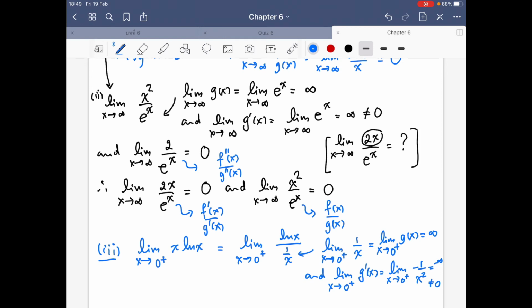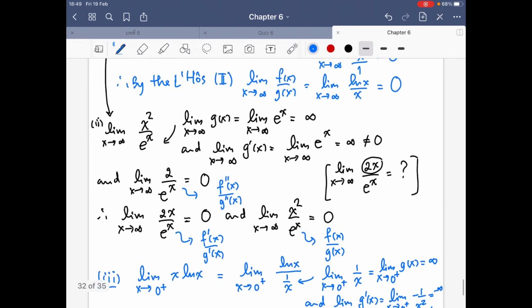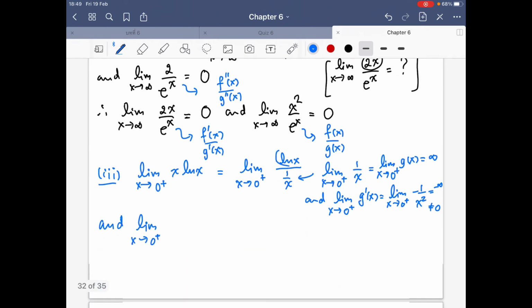real number, right? So it means that you can apply your, oh, and by the way, you need one more condition, that the limit as x goes to positive infinity of your f prime, okay, this one is your f, so your f prime is 1 over x, your g prime is negative 1 over x squared. You rewrite it a little bit, okay, it will be negative x, which is 0.